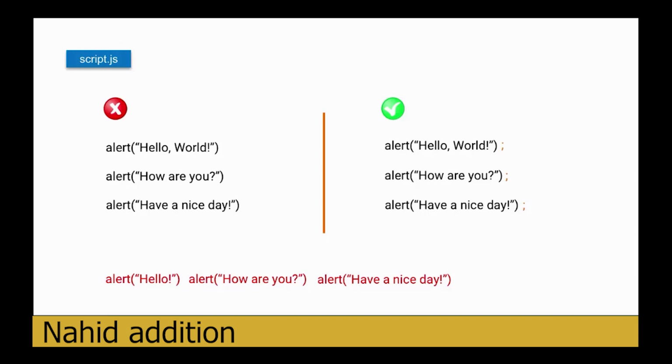If we don't have semicolons after each of these 3 commands, JavaScript will consider all these 3 alert commands as one command. Since there is no such command in JavaScript, we will get an error message. If we have semicolons after each command, everything will work nicely. Therefore, when we have a semicolon at the end of each command, we can be sure that we don't have such problems. It's time to show you this in practice.